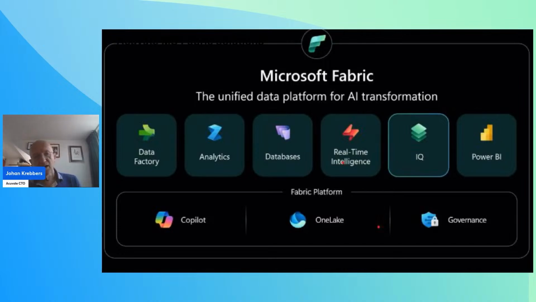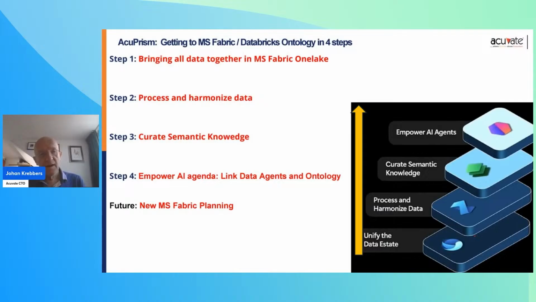So IQ is a new element, as I mentioned, since November last year, preview of Fabric. And let me show that in more detail. It has a number of layers, you would say. The first layer, of course, making sure that you bring all the data together. So bring your data together, let's say, in the Fabric environment, and have your data sources connected to Fabric and bring it together over there.